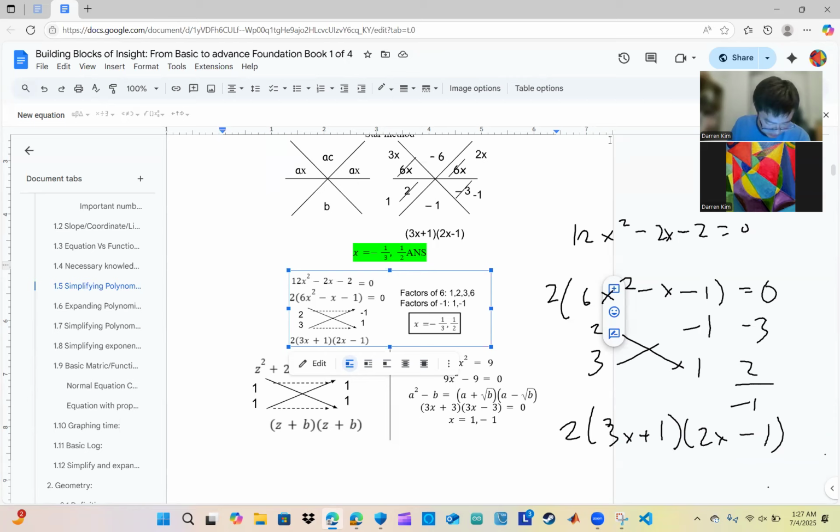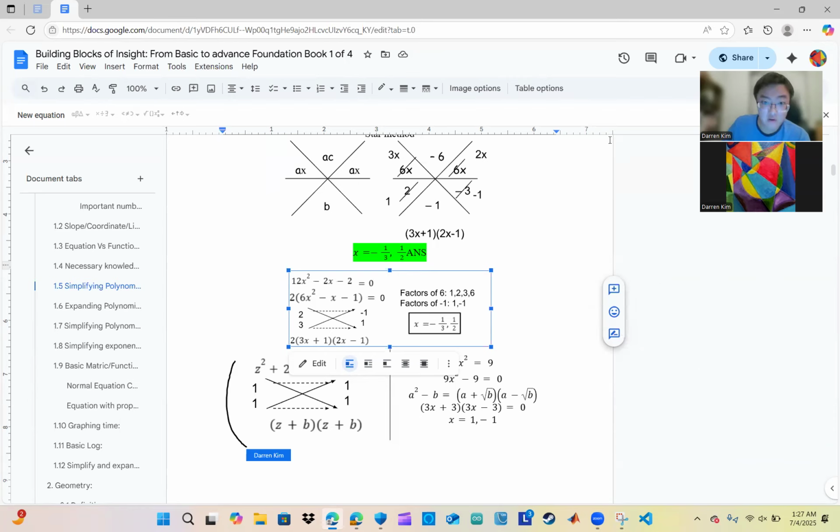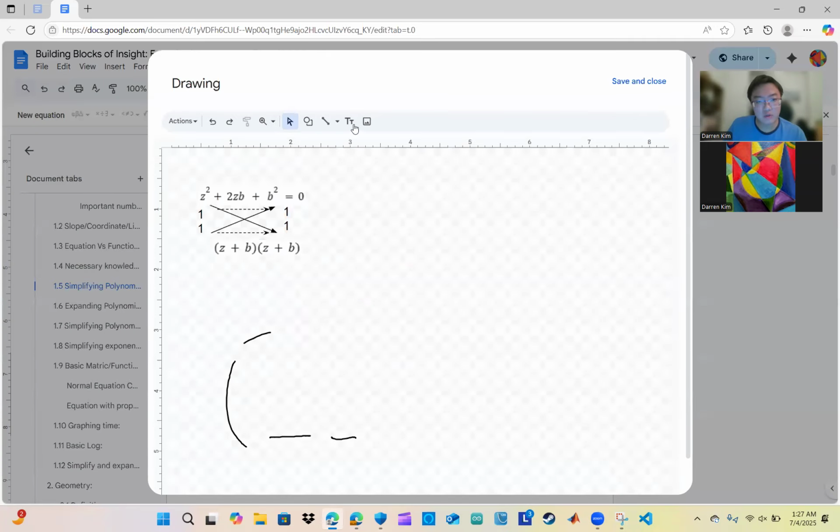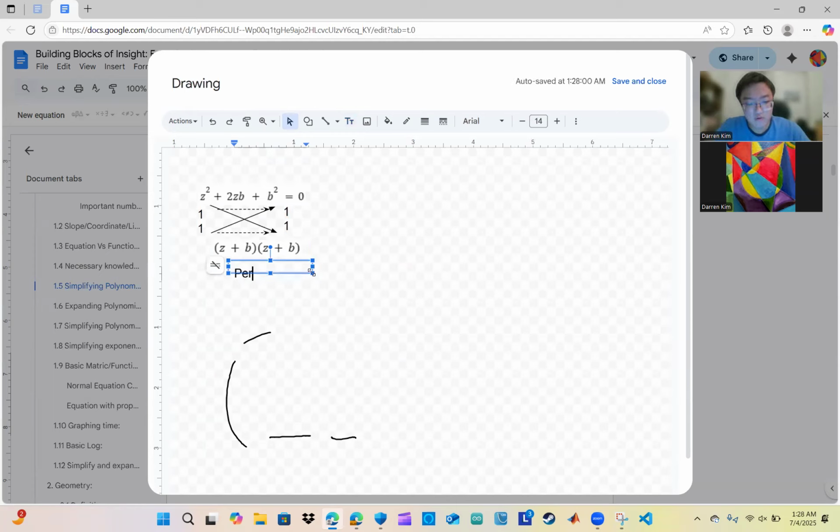Okay, a more interesting one is this one over here, where you get this stuff, because what you're trying to find out here is a perfect square. I should have explained this is a perfect square.